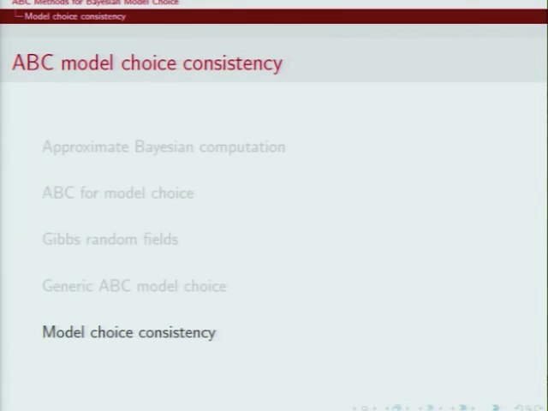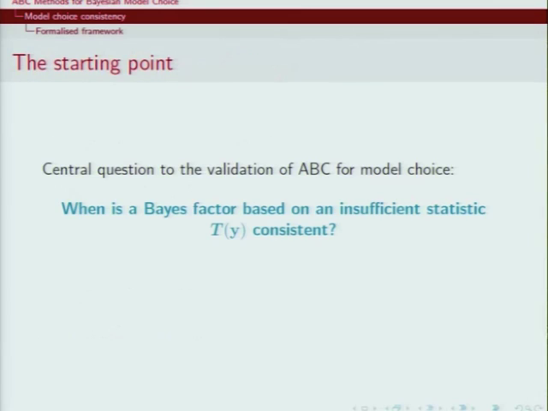And so we started another experiment by trying to find conditions under which the ABC model choice Bayes factor would be correct. So to get back to the formal Bayesian answer of using posterior probabilities for models. And so this is the last part of the talk with results we obtained in that direction. They are much more formal than the previous results, in that they are considering consistency, which is the weakest possible evaluation we could give.